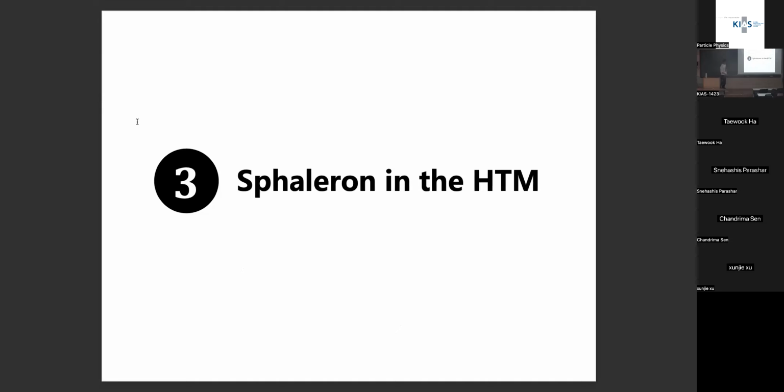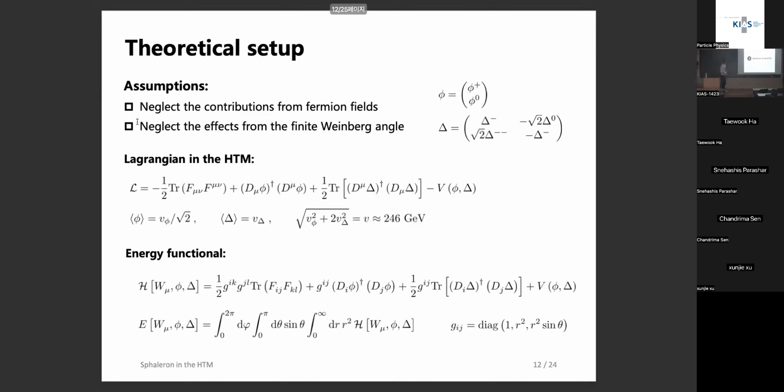Okay, now let's turn to the study of the Sphaleron in the Higgs triplet model. So first, we make two assumptions. We will neglect the contributions from Fermi fields. That means we only include the interaction of scalar fields and the gauge fields. And the second assumption is that we neglect the mixing between SU(2)_L and U(1)_Y.